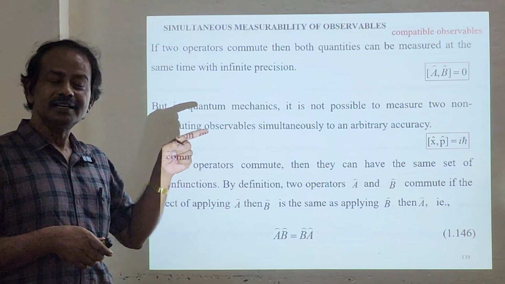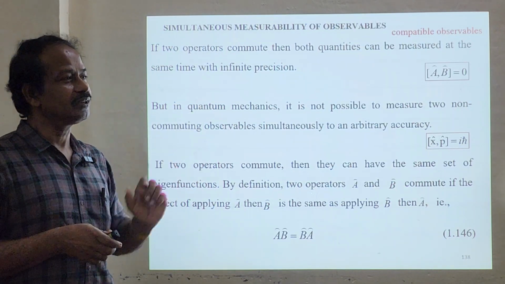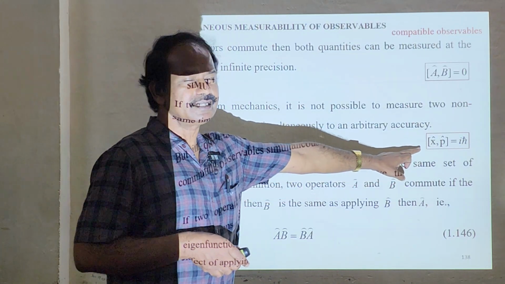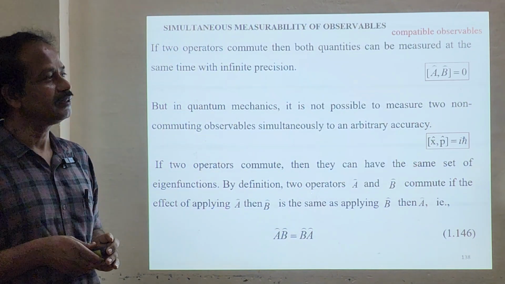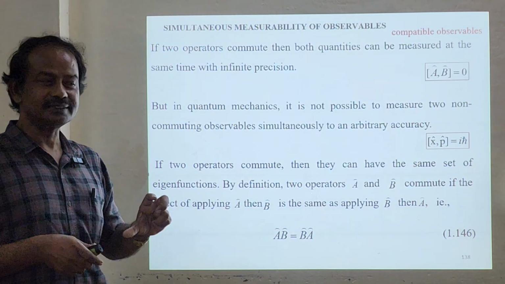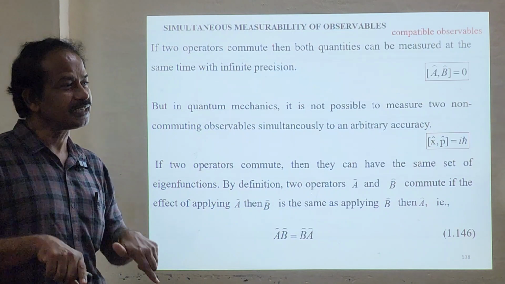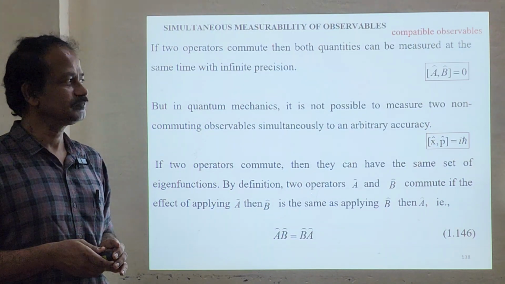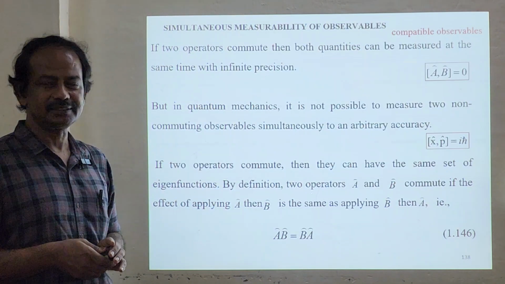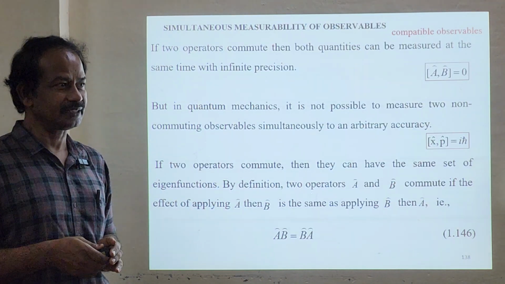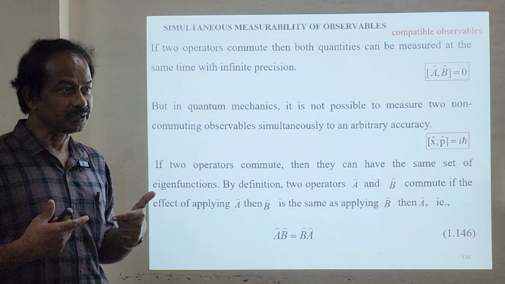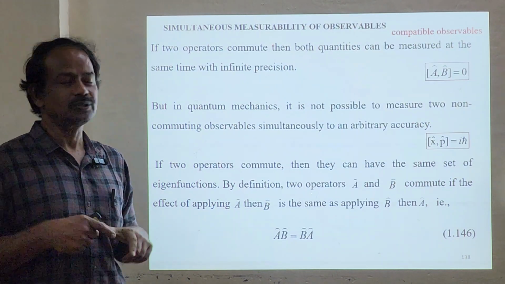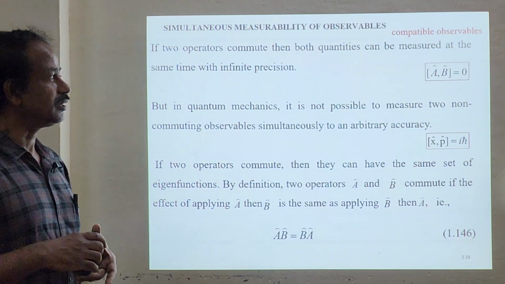It implies that they are incompatible observables. It means x and p cannot be measured simultaneously, at the same time, because we get some answer. So x and p cannot be measured simultaneously; they are incompatible observables.